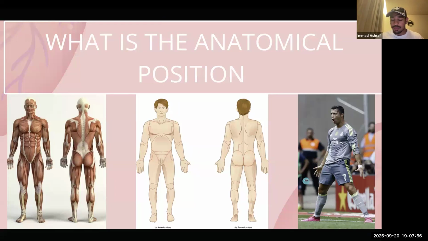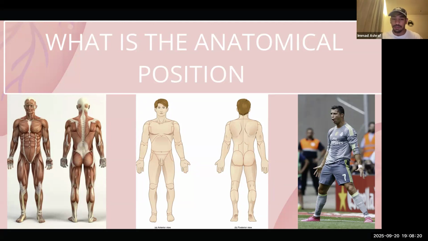And if you can't remember it, it's basically what Ronaldo does when he does the Sus celebration, except the legs are close together and not far away, like Ronaldo's. So that's an easy way for you to remember if you forget. But everything that you learn in anatomy is going to be in relation to this. So it's extremely important for you to know the anatomical position. Basically, like sear this into your mind, how it looks, because everything that we describe will be according to this.